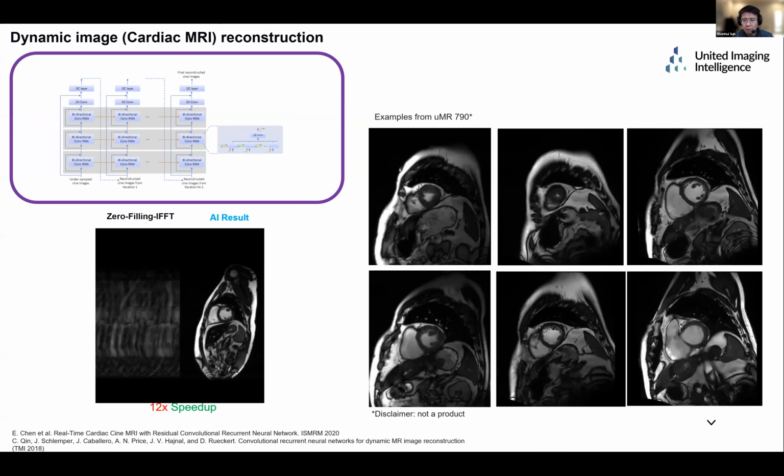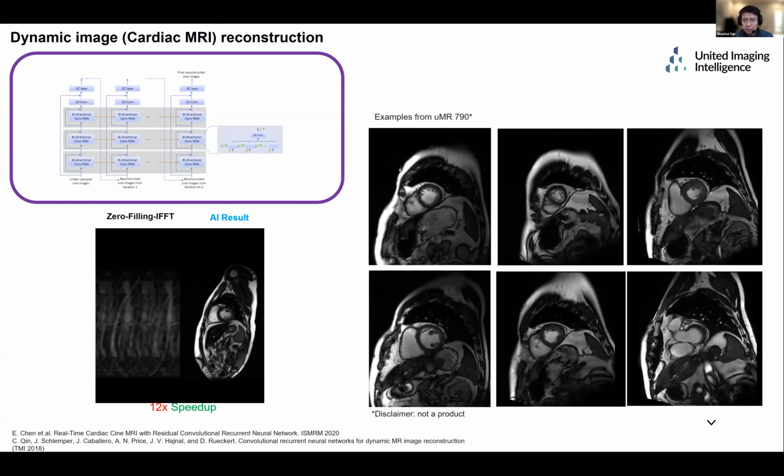The blood flows from the left atrium into the left ventricle. And you can see the motion is very severe, but we can recover. Even though we do not have the ECG signal, we can recover the data very well.